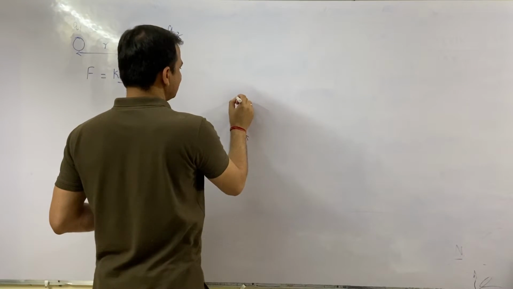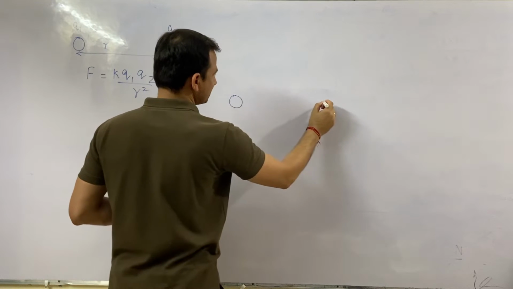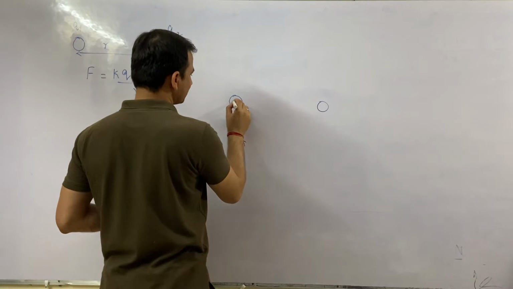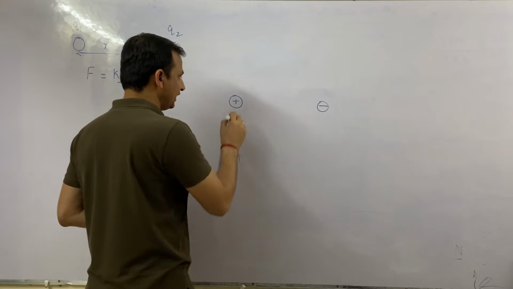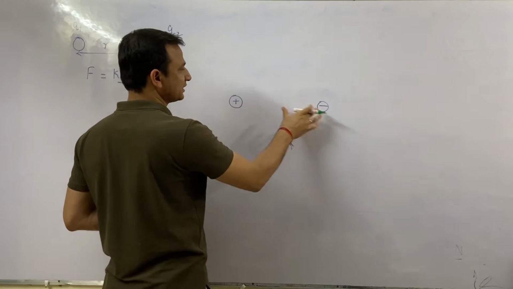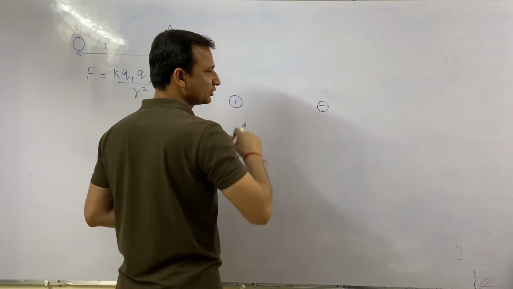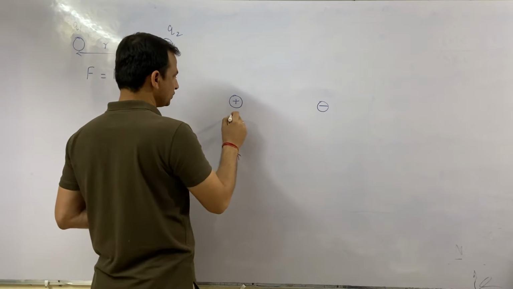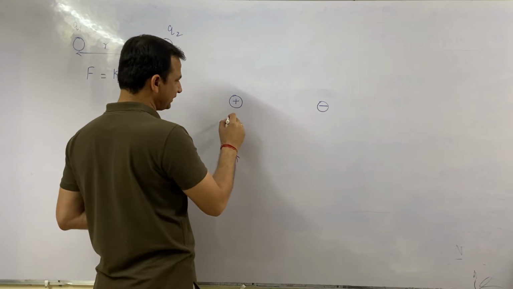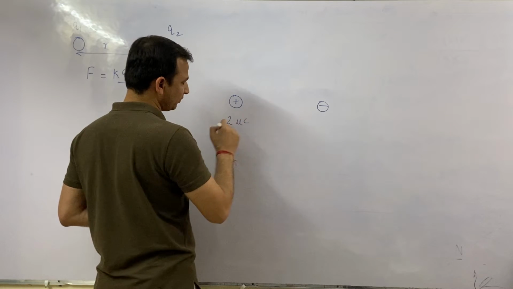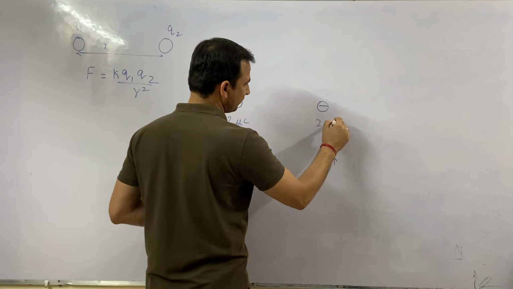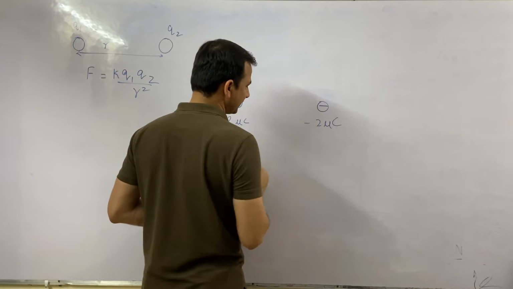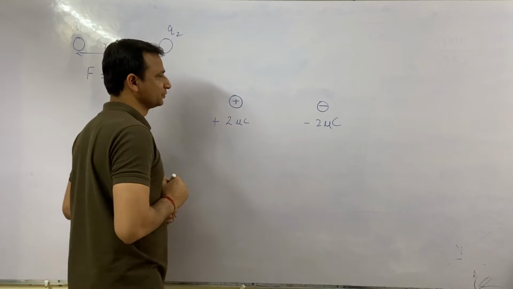Imagine these are two charges, one is positive and another one is negative, and the magnitude of both the charges is equal but opposite in nature. Just to denote, I will take 2 microcoulomb of charge on this one, and this one also 2 microcoulomb of charge, but it's negative, and this one is positive.